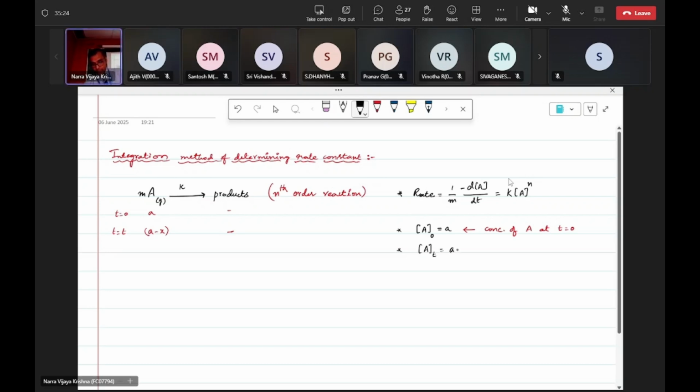A minus x. What is it? Concentration of A at time t equal to t seconds, or maybe t minutes. Any questions? No.